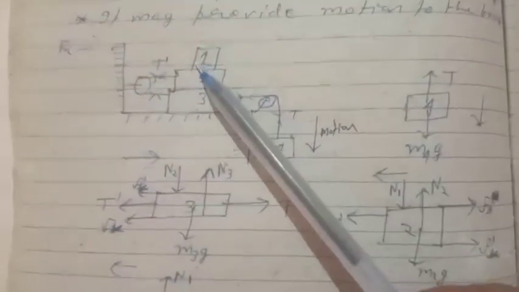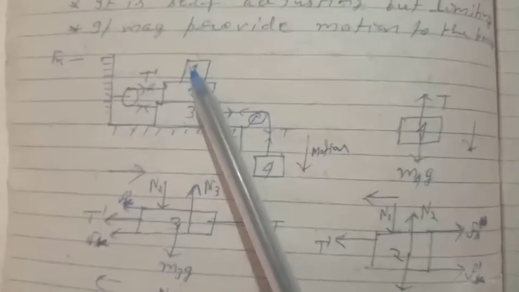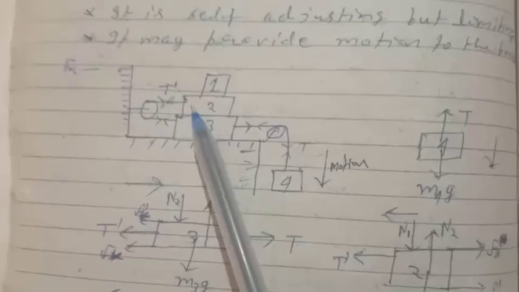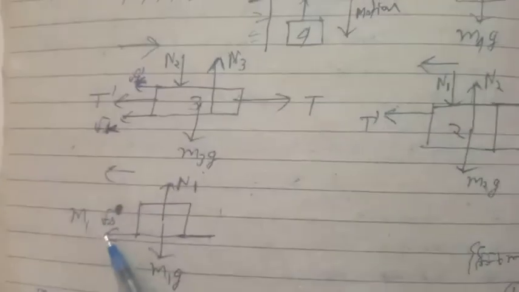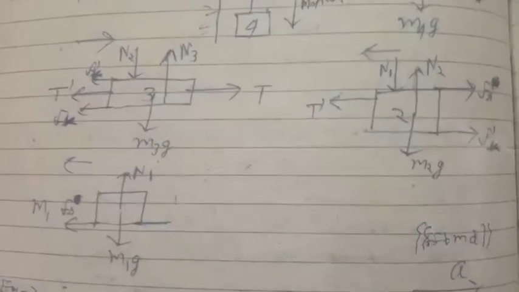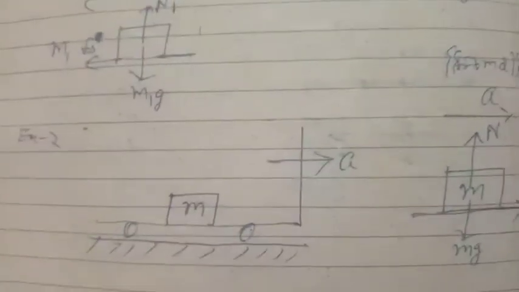Because the normal reaction will be in the upward direction, which is written as N1, and the force of friction, because this body has a tendency to move in this direction with respect to this surface, will be in this direction, which is written as Fs. And because the body is at rest, it is a static friction, and the weight of the body mg is in the downward direction.